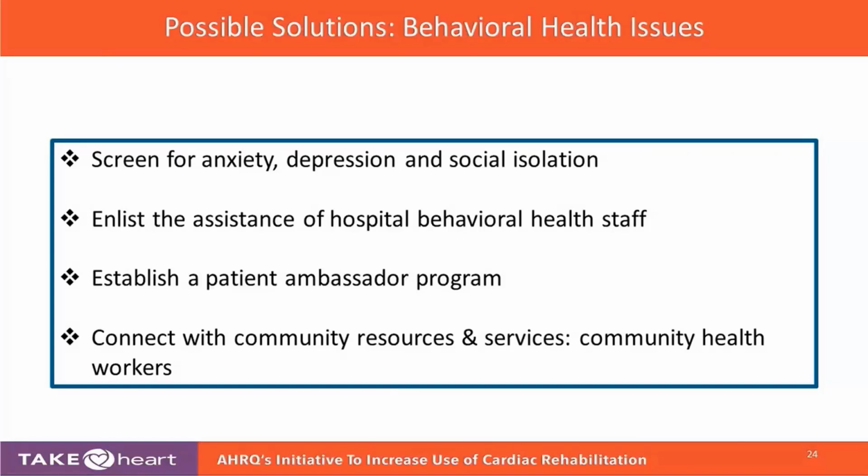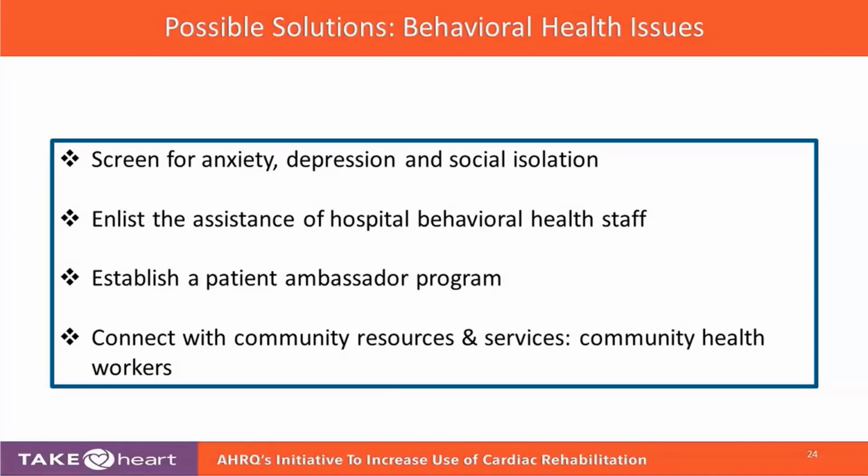But yeah, screening for anxiety, depression, social isolation, figuring out what these barriers are. And then connecting to existing resources in your area. I mean, maybe you have behavioral people connected to your program. Maybe you have them connected to your hospital, but just knowing where they are and how to connect with them is important.